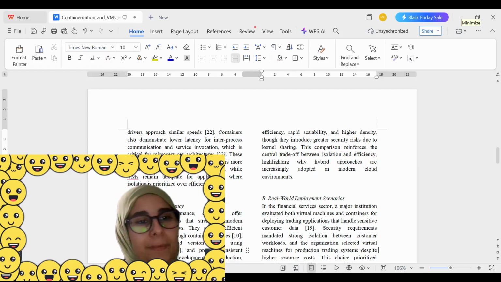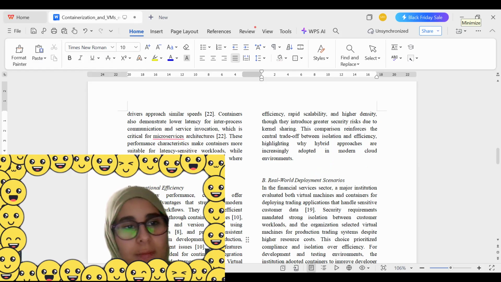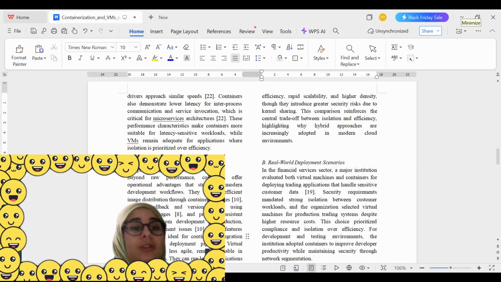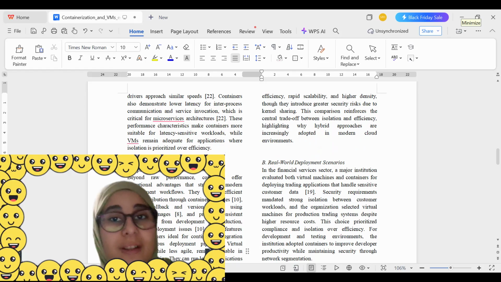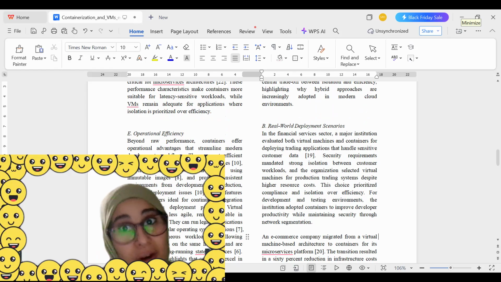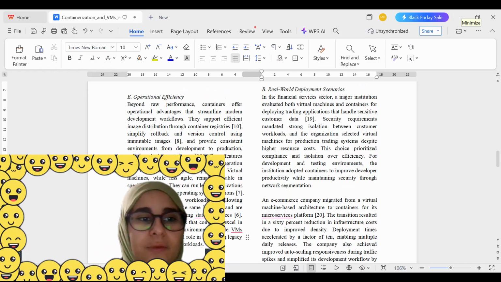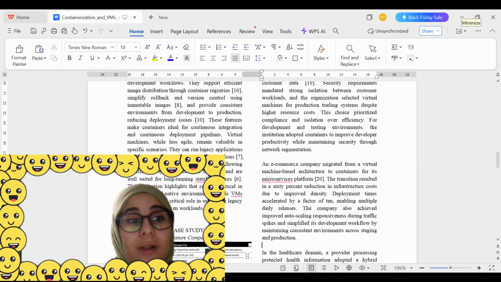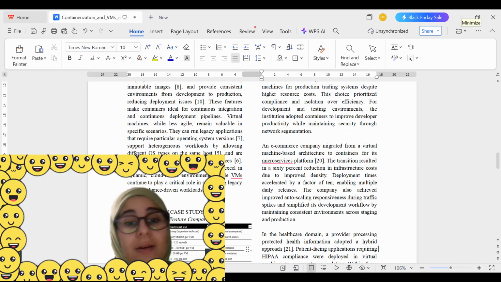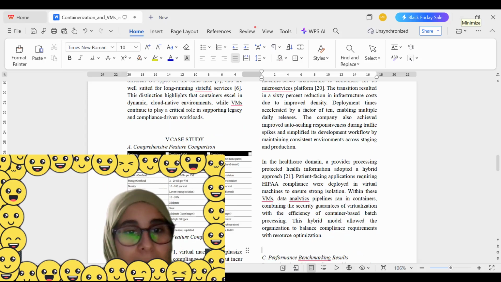Okay, guys, there's something called the hybrid model, so let's talk about it. Virtual machines are for very sensitive data, as we mentioned: banks, governments, healthcare are the biggest examples. Virtual machines for security and sensitive workloads; containers for microservices. Let's think about it in a hybrid.